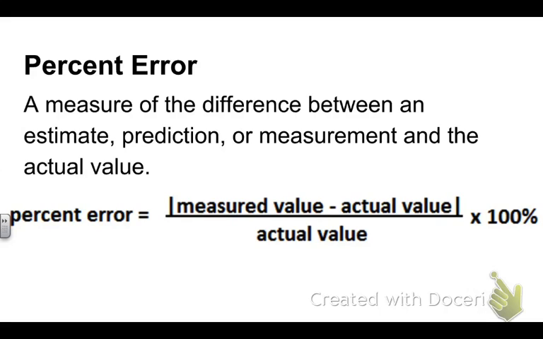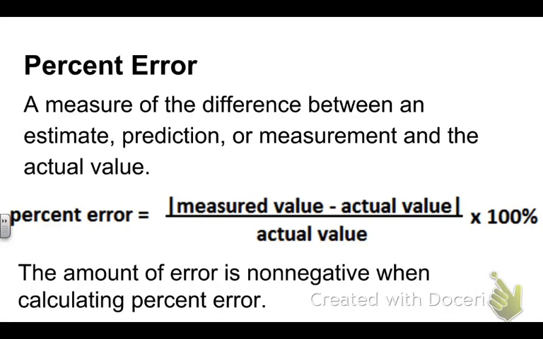All right. And then once you have that, you're going to divide it by the actual value. And then you multiply it by 100 to get your percent. So one thing I want you to be aware of is that the amount of error is non-negative when calculating the percent of error. That's why we've got the absolute value there.